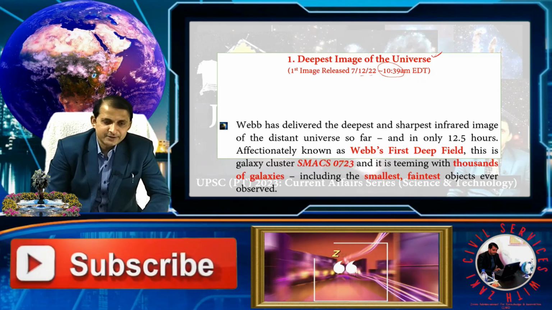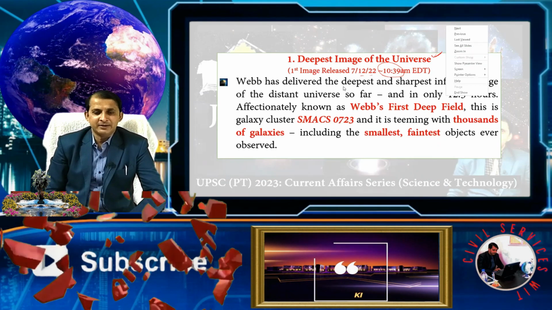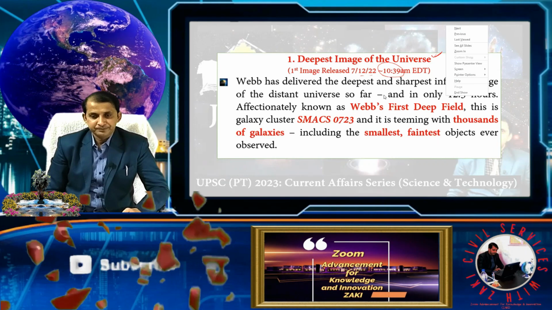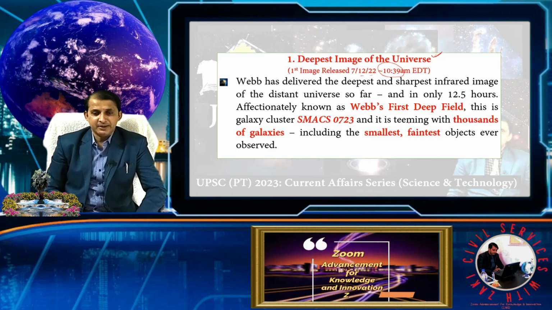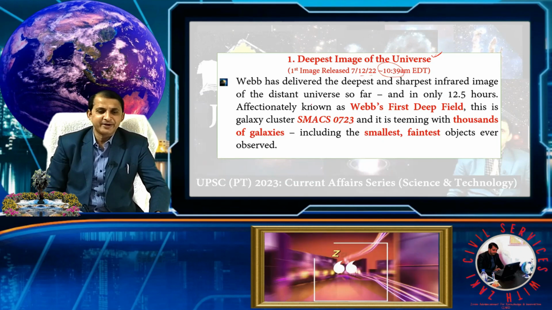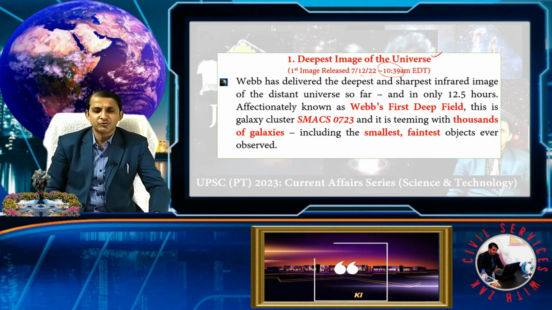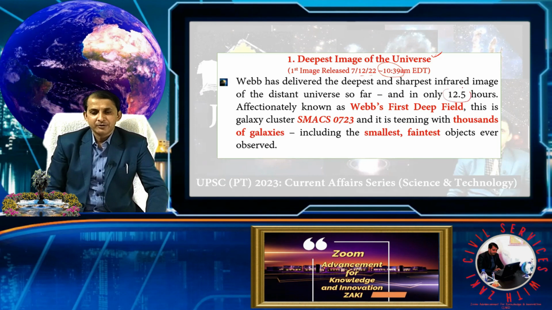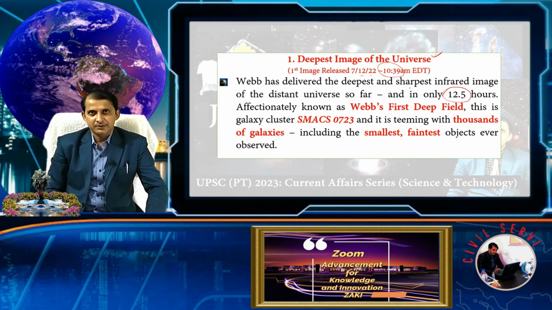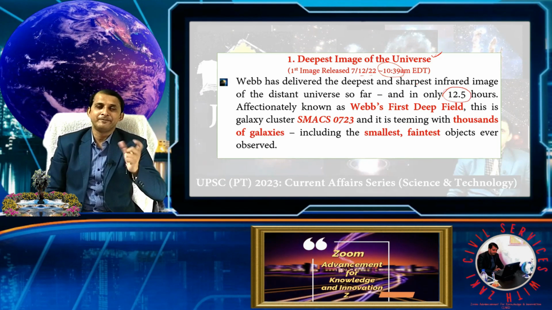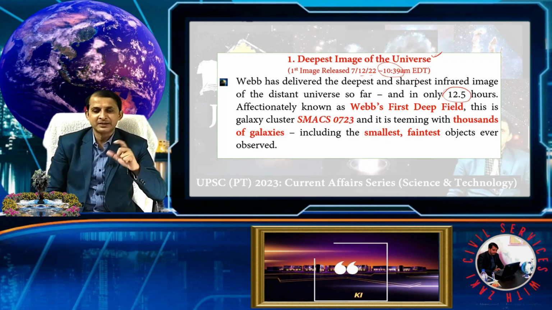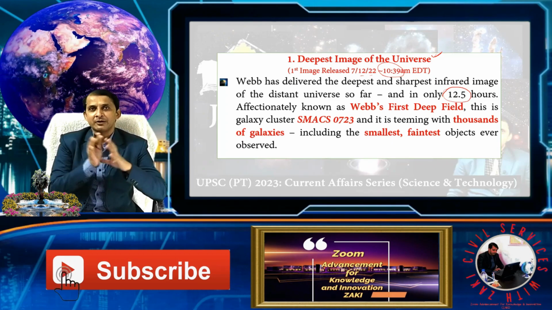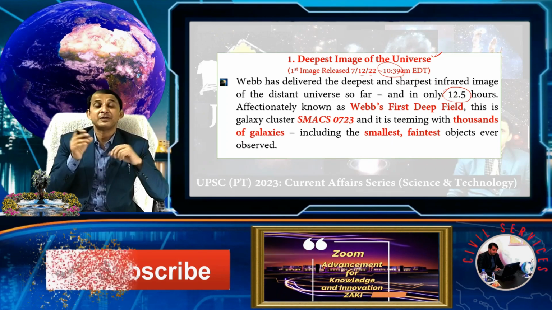Webb has delivered the deepest and sharpest infrared image of the distant universe so far, and it only took 12.5 hours to create this data and picture.